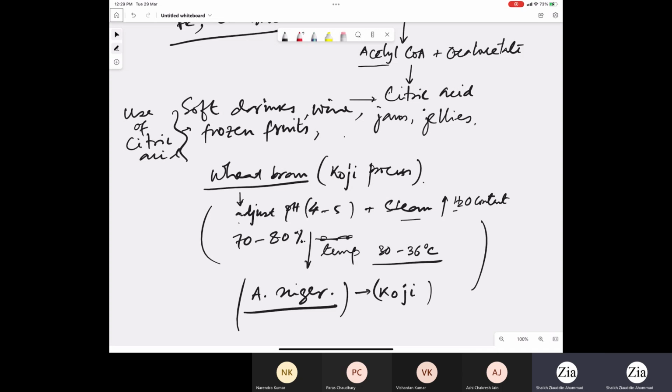The inoculum you add is known as koji, and koji is a special strain of Aspergillus niger that will not get inhibited by the presence of iron as well as copper.